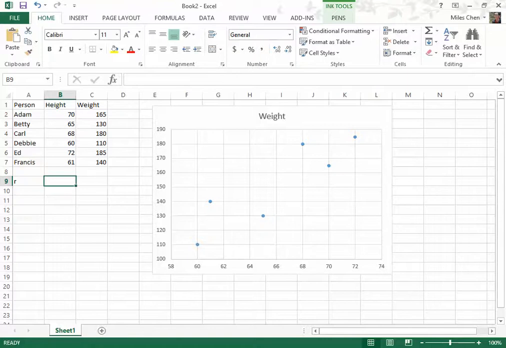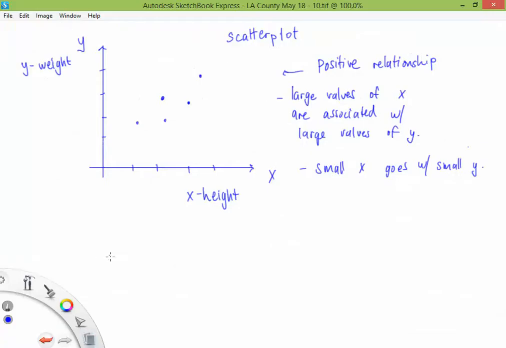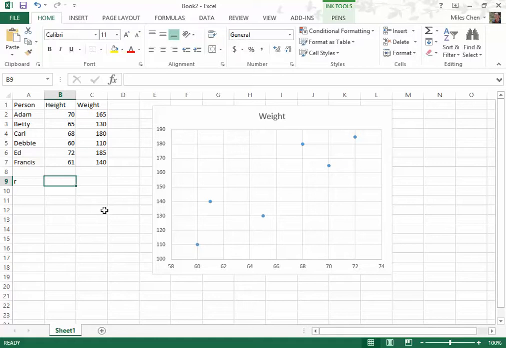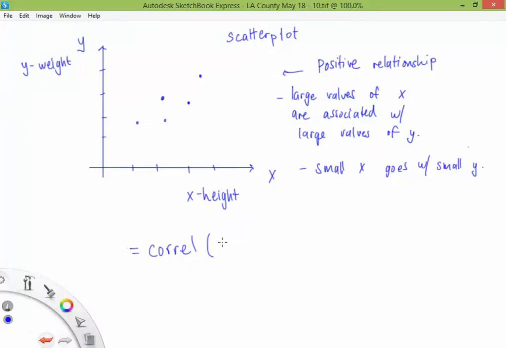All right, so to calculate correlation in Excel, you write equals CORREL, and then you put in the range of the x variable. So what is the range of my x variable? B2 to B7. You guys can see that? Okay, so I'm going to put B2 colon B7. So this is the x range.